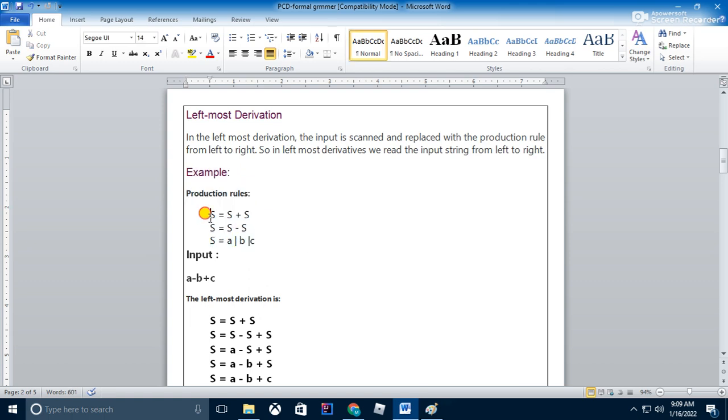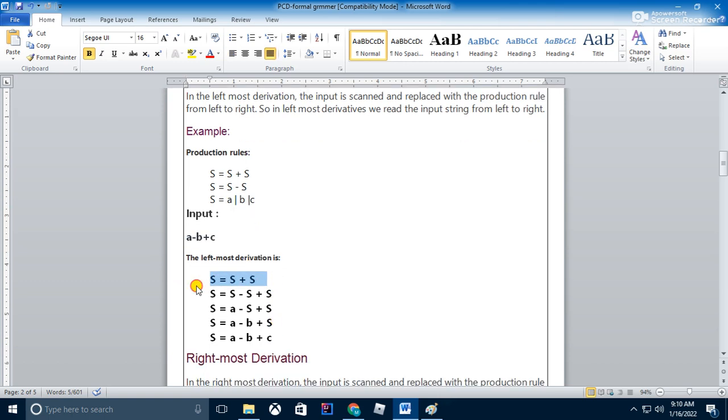Suppose the production rules are given: S = S + S, and then S can be replaced by S - S, and S can be replaced by the terminals a, b and c. If the input string is given as a - b + c, and the leftmost order of derivation is followed, then it will take the form S = S + S. In this expression, one S is on the left hand side and the other S is on the right hand side.